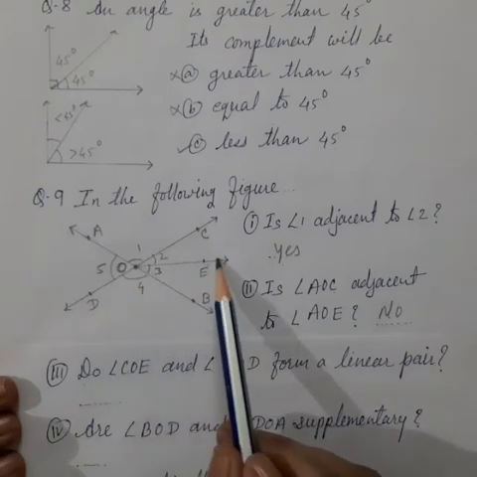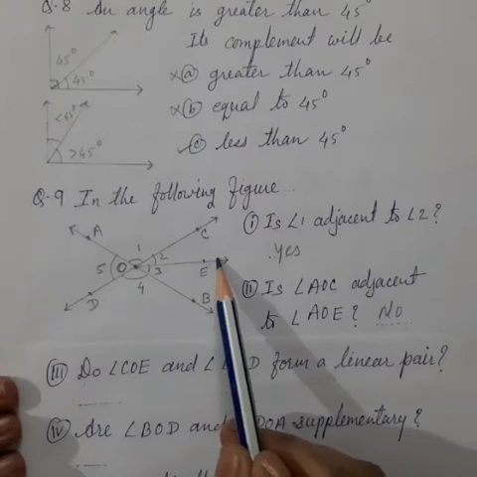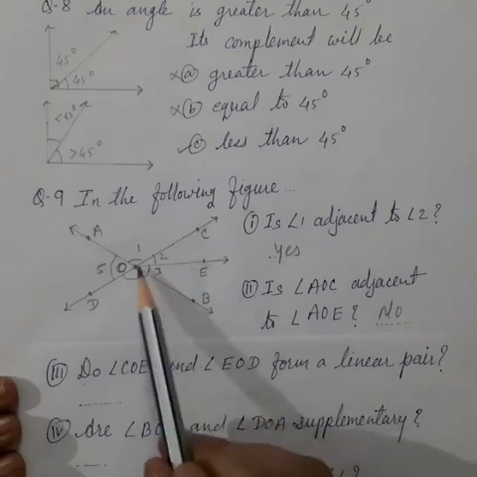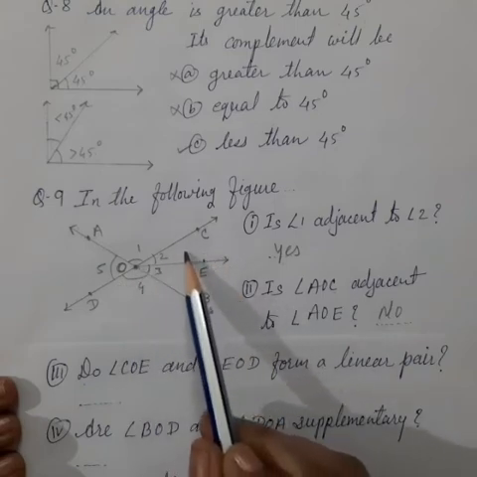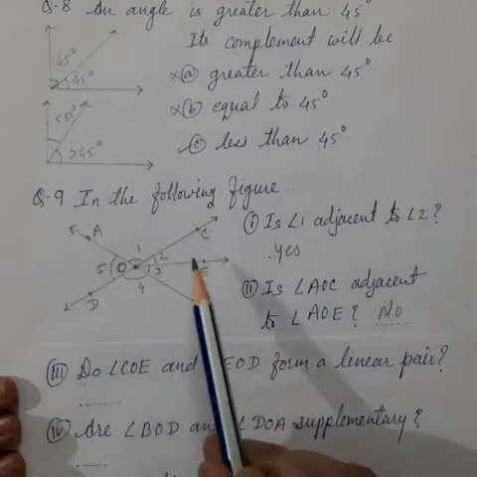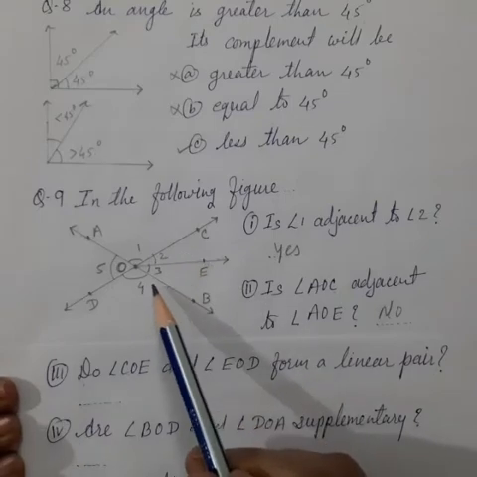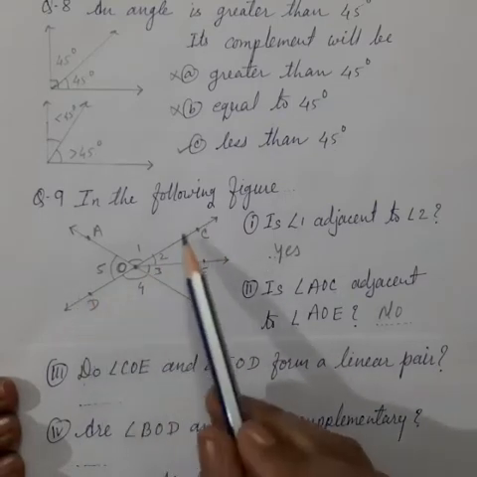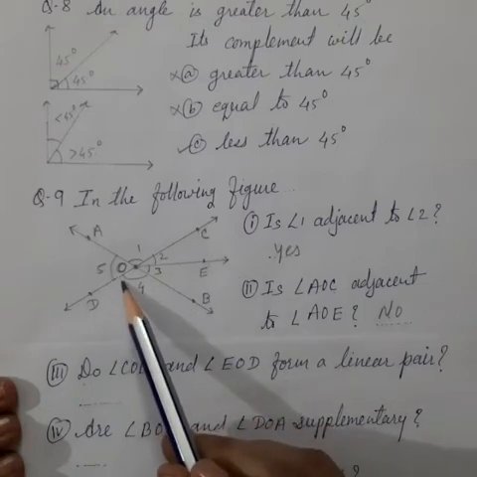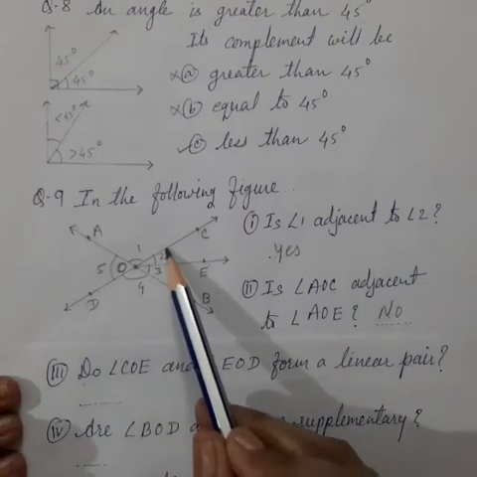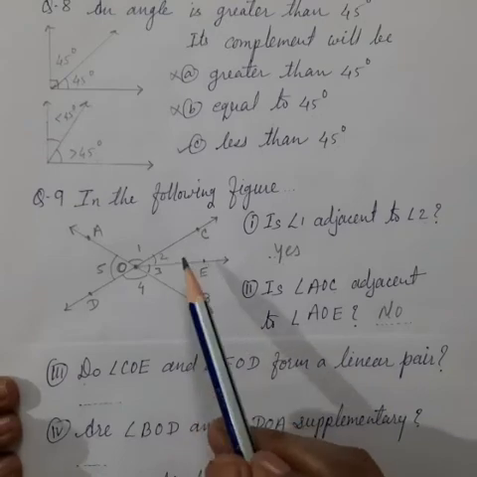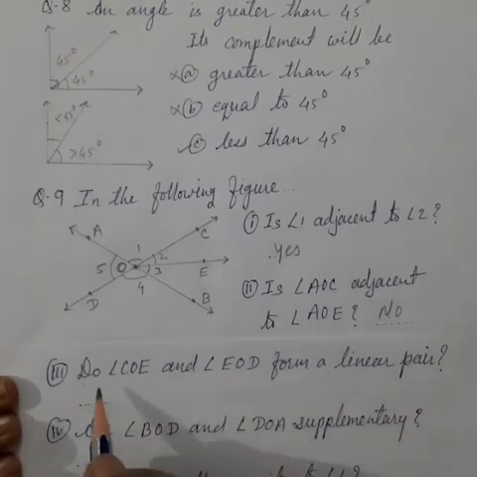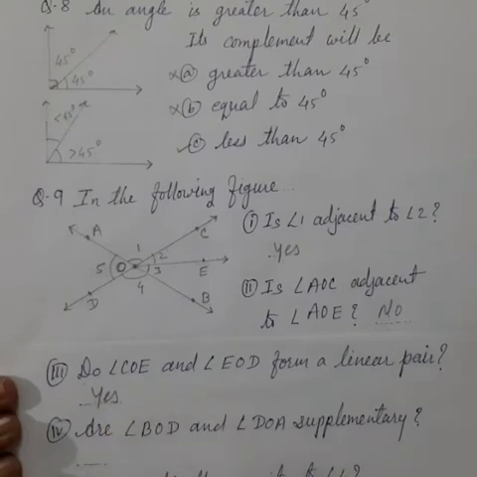This one arm OE is common, and non-common arms are on opposite sides of this common arm. So yes, they are adjacent. Now supplementary means the sum should be 180. Together they are forming a straight angle. A straight line means they are forming a straight angle from here to here. So they are supplementary. Yes, they form a linear pair because they are adjacent and also supplementary.